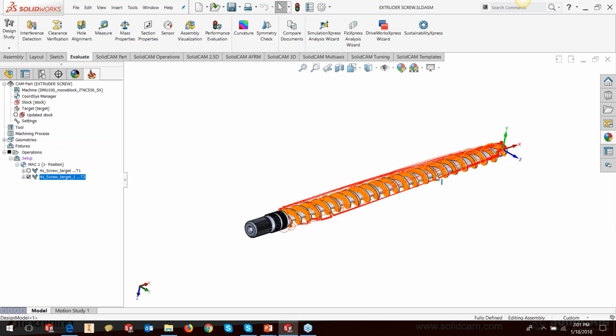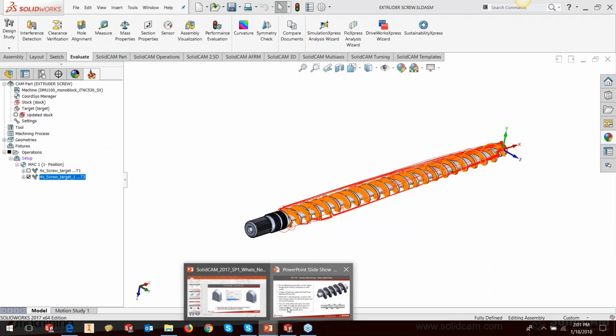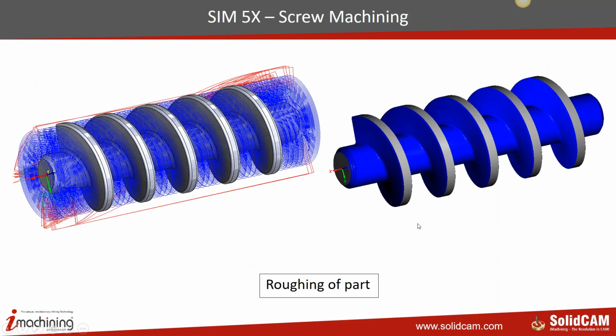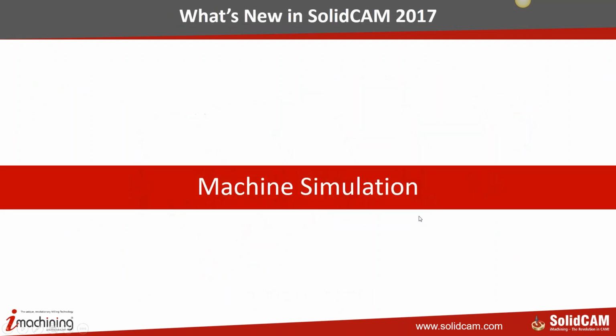Okay, very important function that could save several hours of programming time and can generate really optimum tool paths for roughing and finishing of these kind of parts. Okay, move ahead. So that was roughing and the finishing.